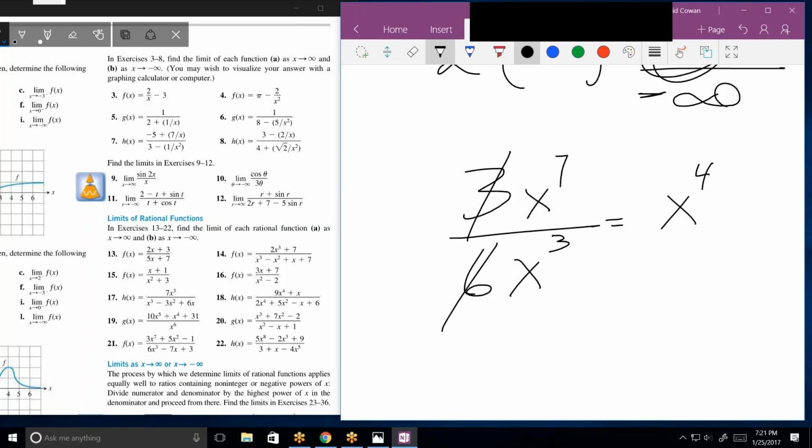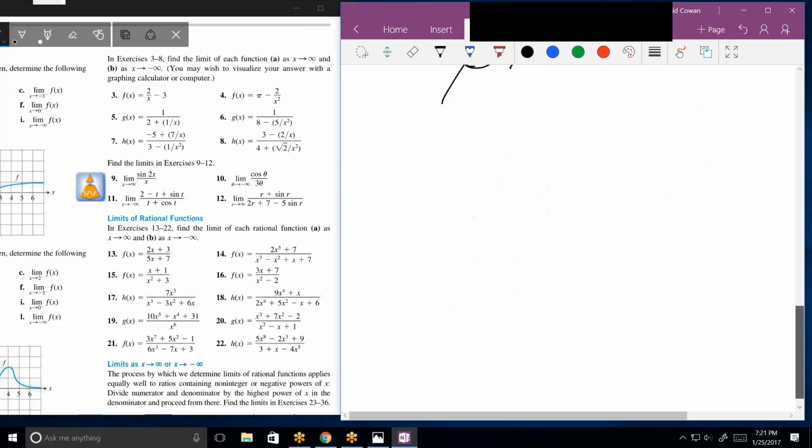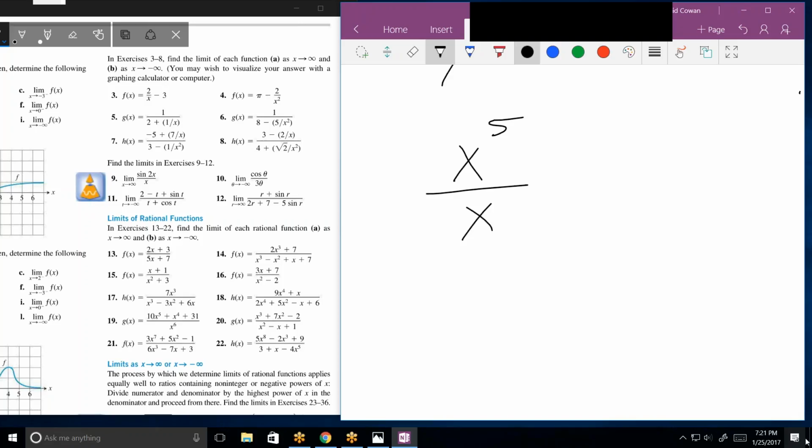Now, there is one exception that we should talk about in terms of infinity or negative infinity. What if I had x to the 5th over x squared? What's the limit of that as x goes to minus infinity?